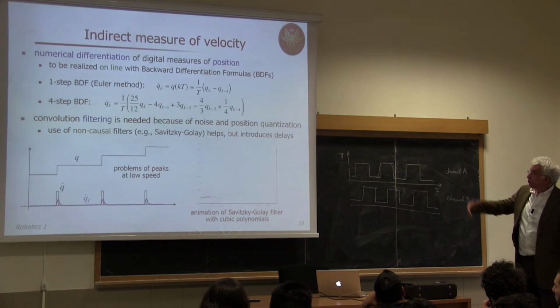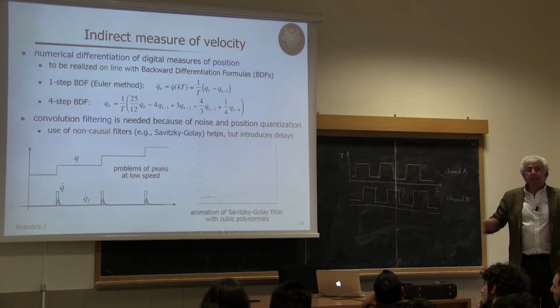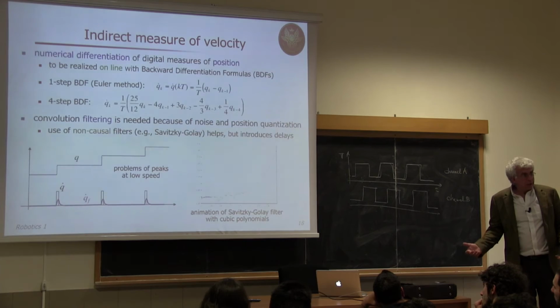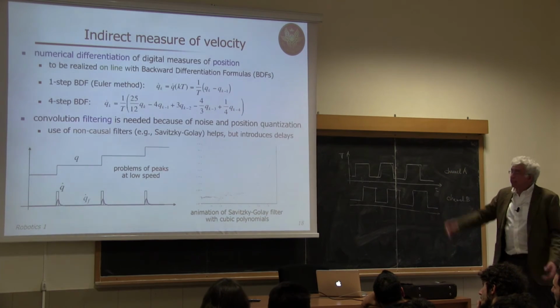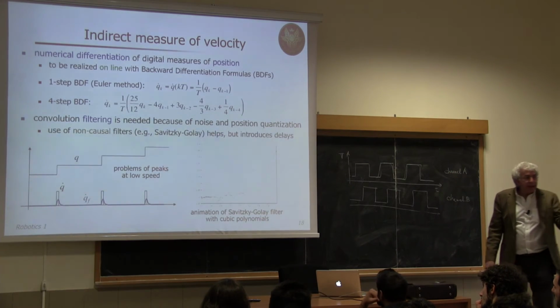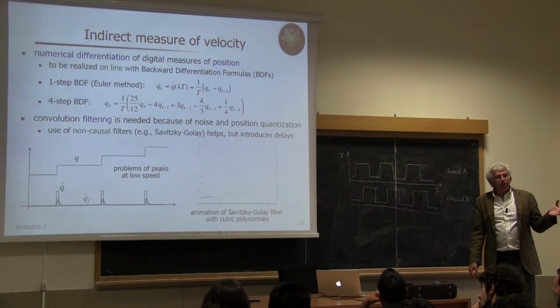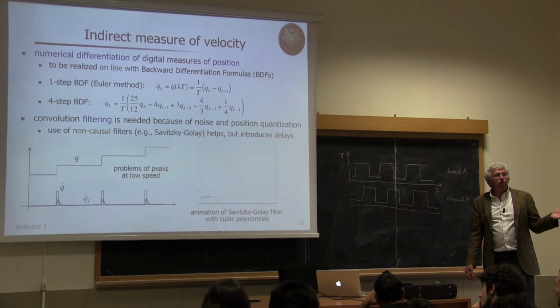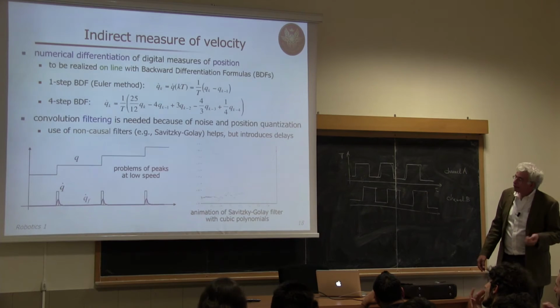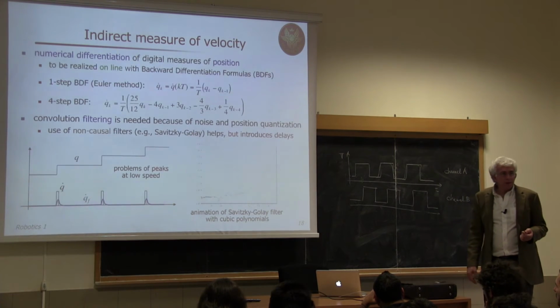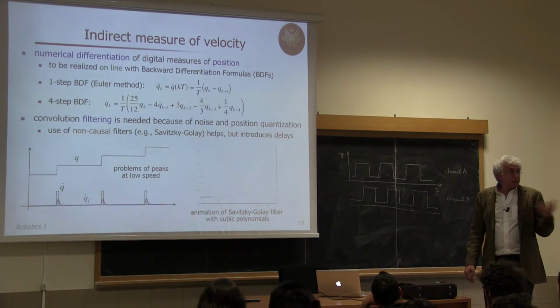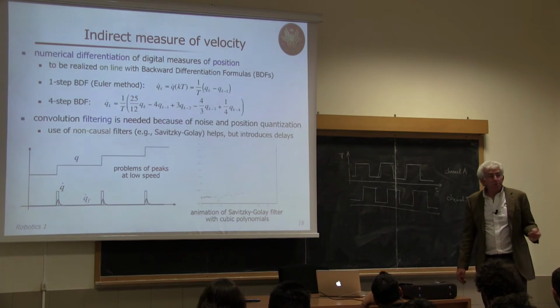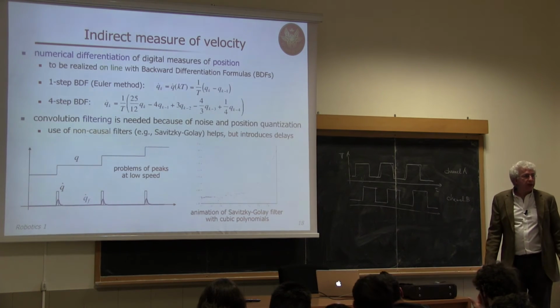If you have a polynomial of order 4 as evolution of position in time, then the 4-step BDF provides you an exact value for the velocity at that current instant k. In general, you don't have such nice polynomial profiles, so these are anyway approximations.